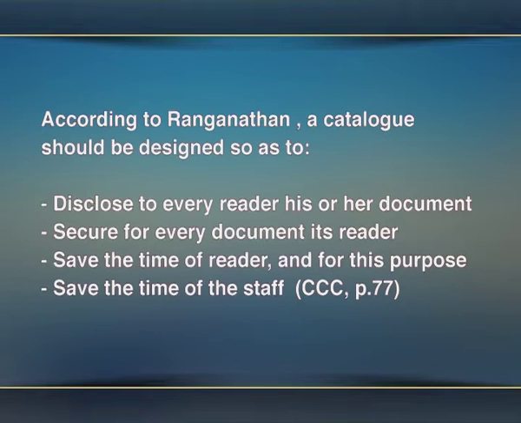According to Ranganathan, a catalog should be designed so as to disclose to every reader his or her document. So, if you compare the 5 laws of library and information science, the purpose of the catalog should be that books are for use, and when every user comes to the library, the catalog should be able to disclose what the library has.